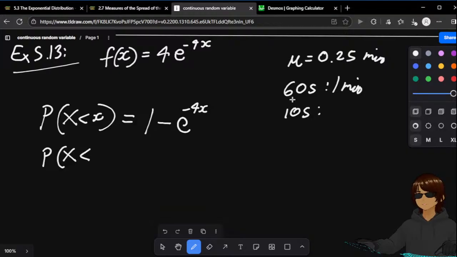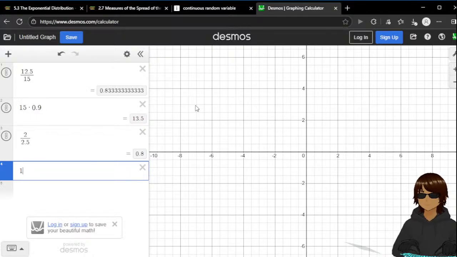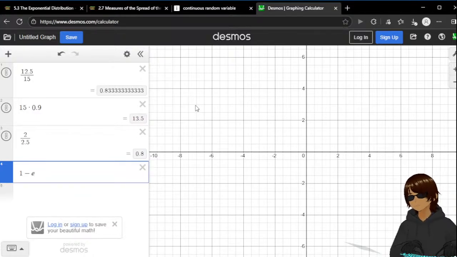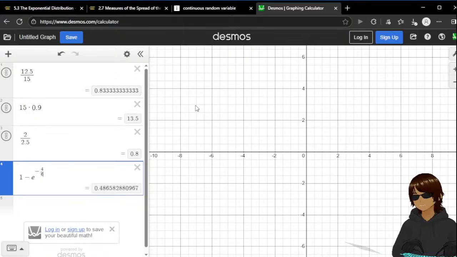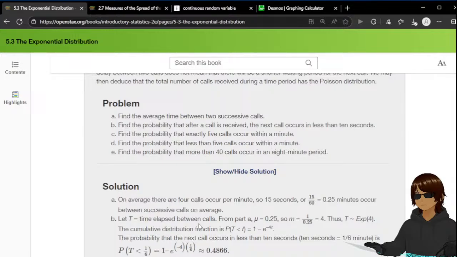Sorry, I divide this by 6, I mean, so 1 over 6 minutes. 4 over 6. E to the power of minus 4 over 6. 0.4866. Okay, that is correct.